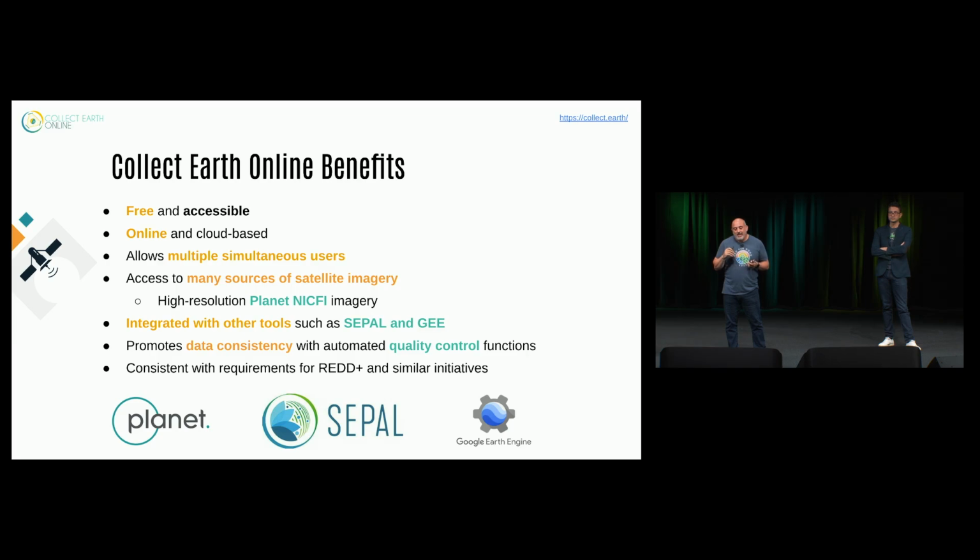It has access to a whole bunch of different imagery, whether it's NICFI Planet imagery or your own drone shots. It integrates with a variety of other tools, like the CPL Suite, an amazing set of tools, and the GEE products we've been listening to all week. It also promotes data consistency and quality control. All these things that we as a community request and need, we're able to aggregate into one spot and actually use. It's pretty powerful.